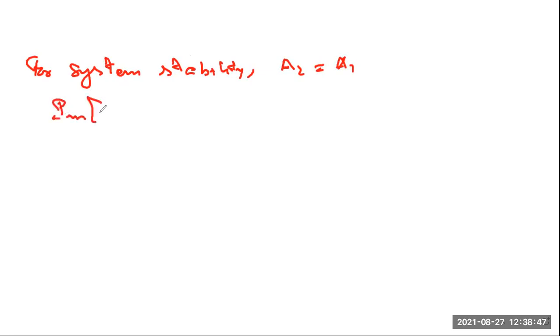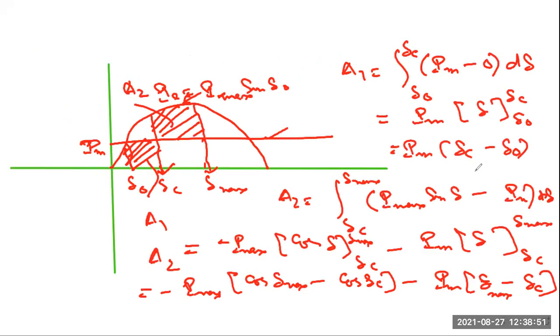for system stability, A2 equal to A1. That means what is A2? PM into delta C minus delta 0.